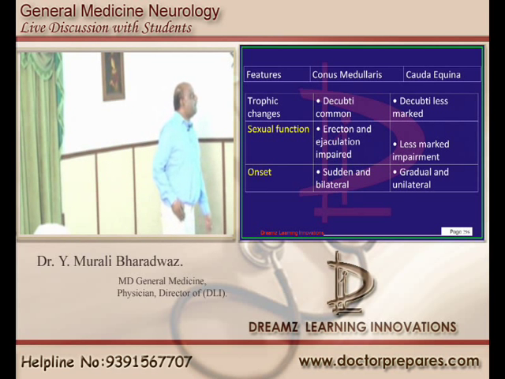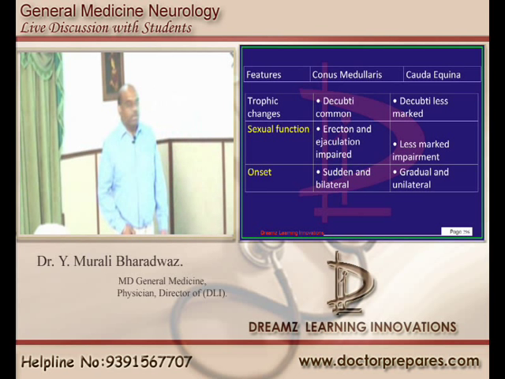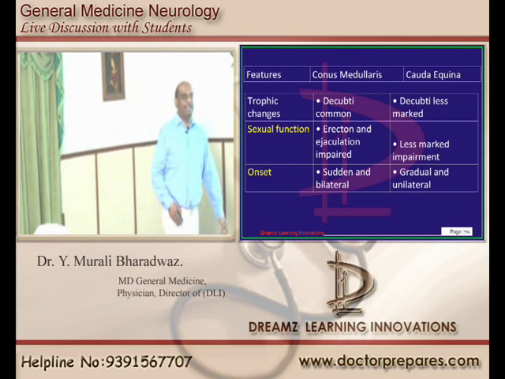Trophic changes are much more common in conus because conus involves the lateral spinothalamic tract carrying pain and temperature. If the perception is lost, of course you may say that even in cauda equina it is involved. For everything there will not be a reason, so there are exceptions in the game. There may be a reason, but I could not really bring that reason to the table.